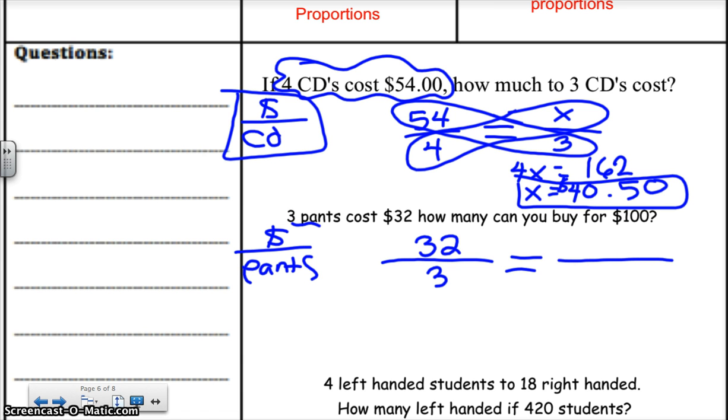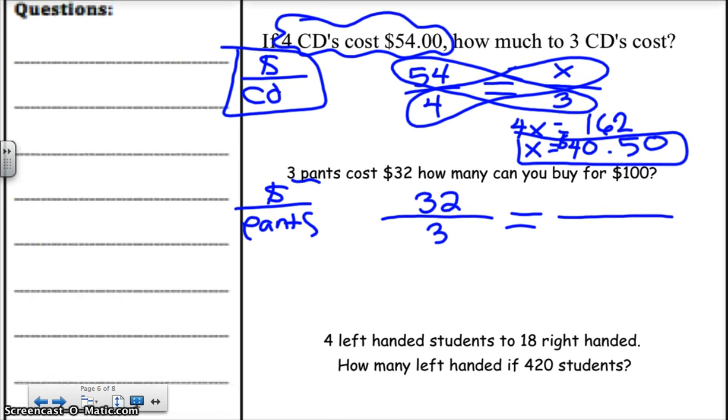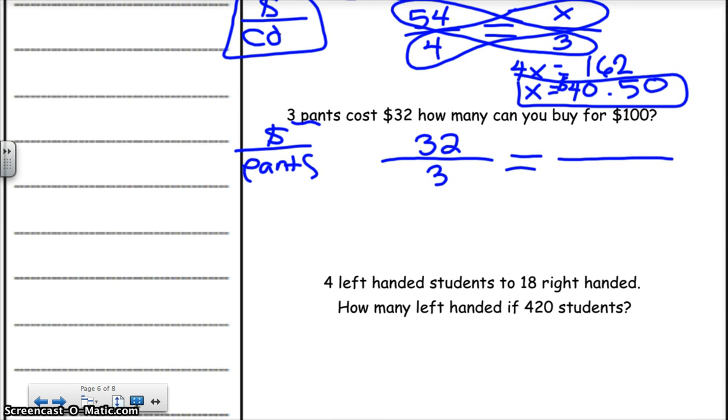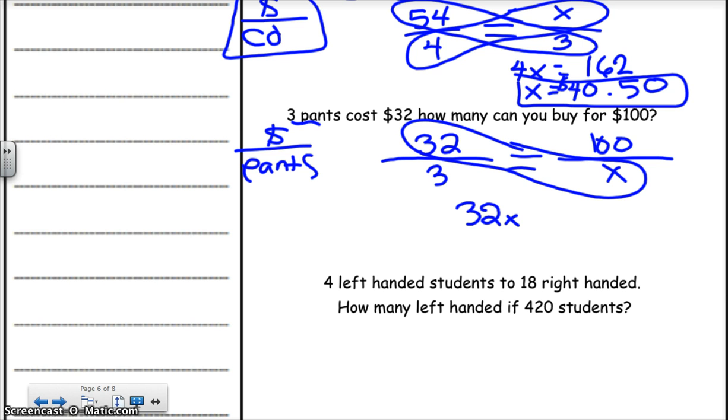How many can you buy for 100? Is that 100 going on the top or bottom? Top, because it's money. And now I can set up my proportion. So I say 32x, setting up the cross product when we solve, equals 300.